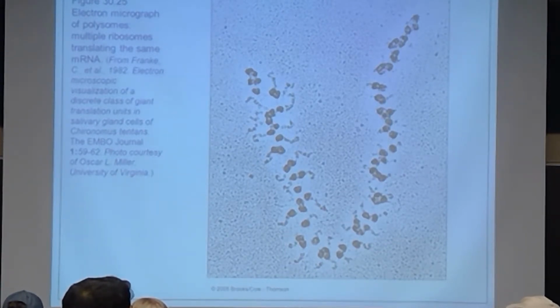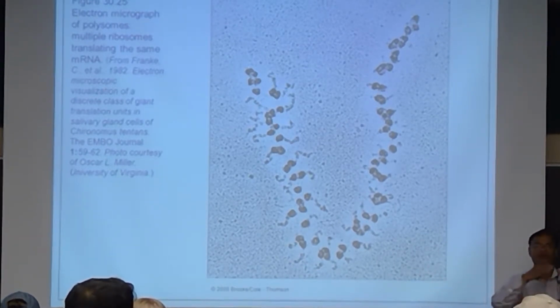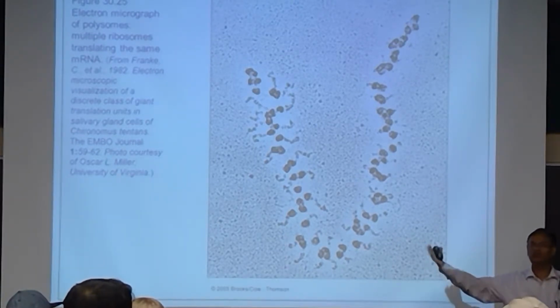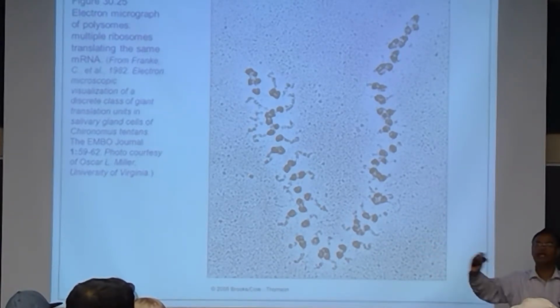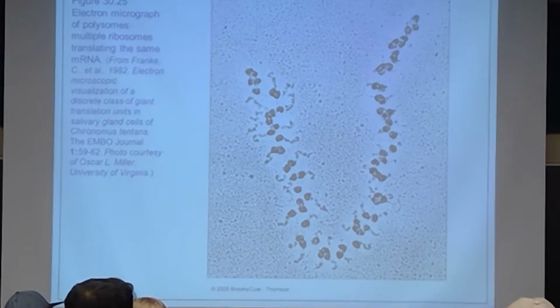As soon as the ribosome has moved a little forward, it can initiate another round of translation even if the first one is not completed yet. So from the same mRNA, you can get multiple copies of protein in a short time. This is a fantastic electron micrograph.